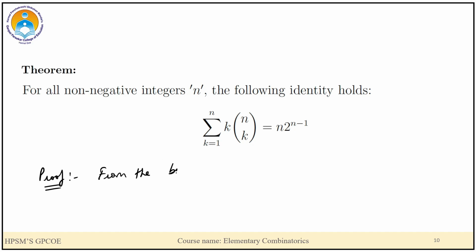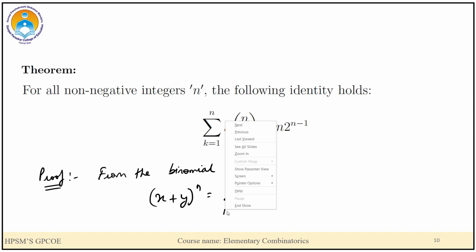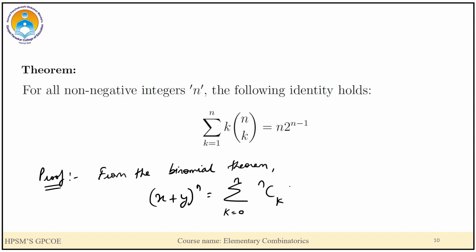From the binomial theorem, I have (x plus y) raised to n equals summation k goes from 0 to n, nCk, x raised to k, y raised to n minus k.